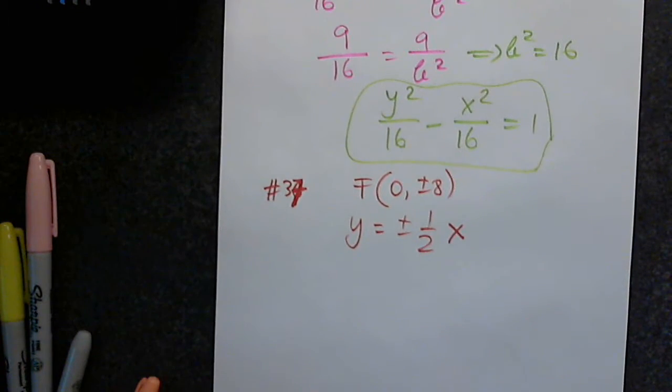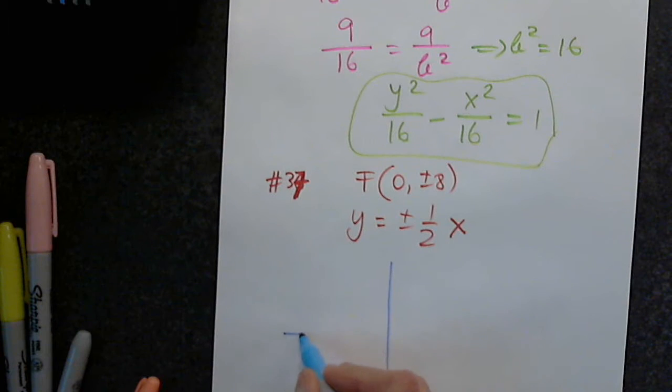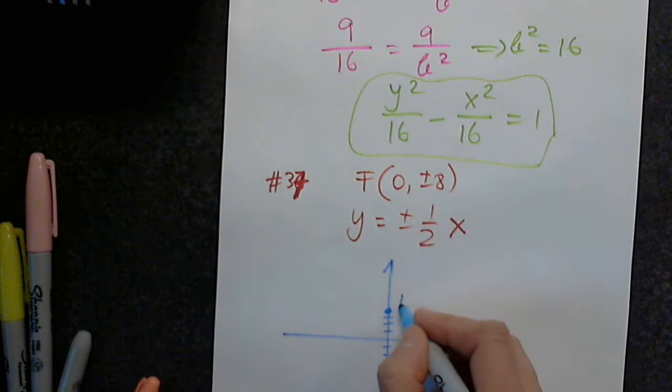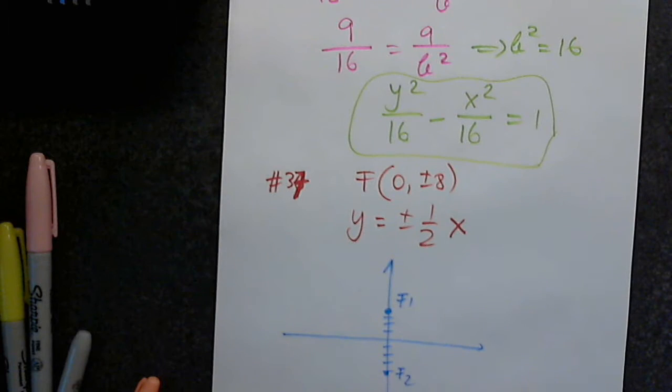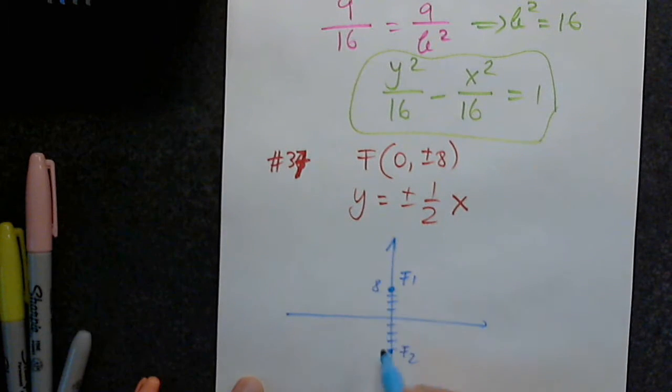Yes. Very good. I don't have to graph anything, I just like to see it. 2, 4, 6, 8 right here. So this is F1 and this is F2, and this is 8 and this is negative 8. Agreed so far? So that's the information I have from here.